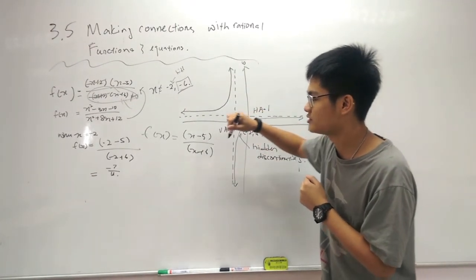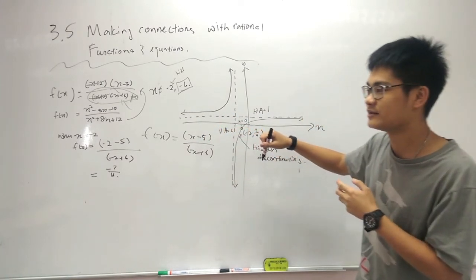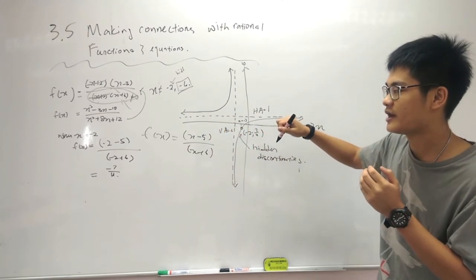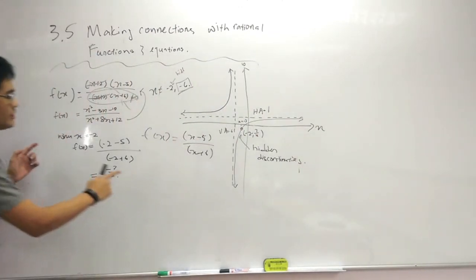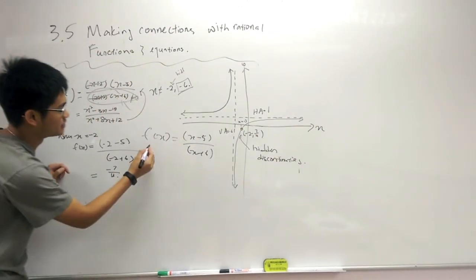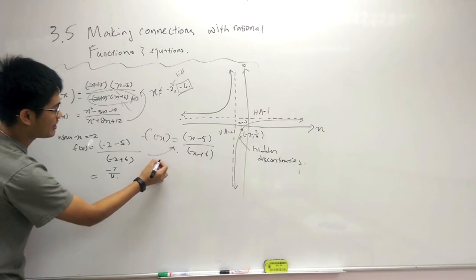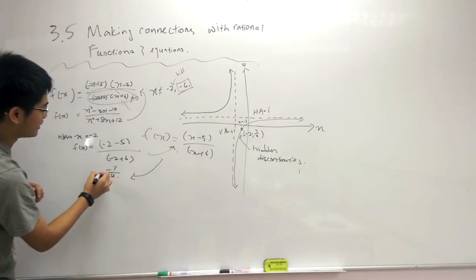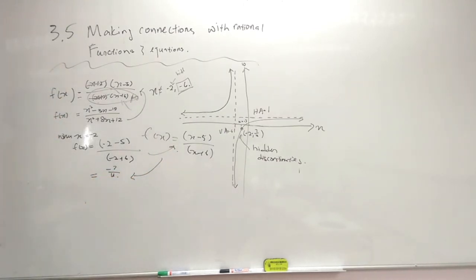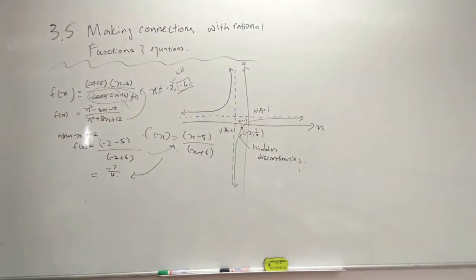To find the y value, we have to substitute negative 2 into this equation, which makes negative 7 over 4, which will be our y. And there you have it.